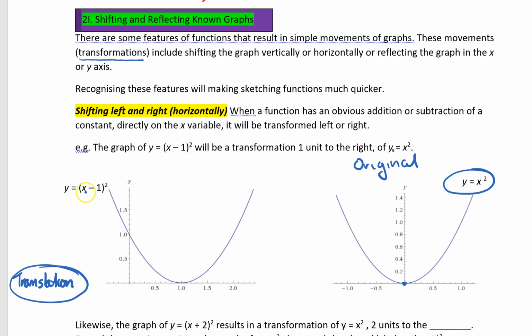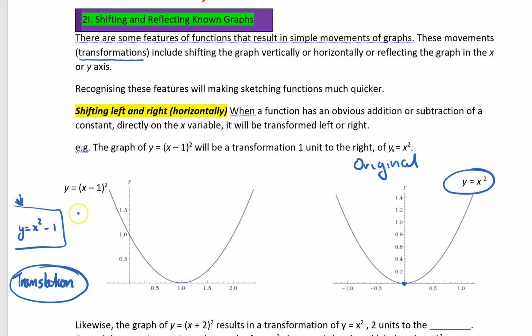You need to have x minus 1. Now, that is a different function to if I was writing y equals x squared minus 1. We will see the impact of that in a moment. Subtracting 1 from the whole function is different to impacting directly on the x with a minus 1.